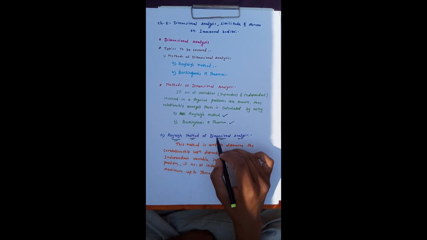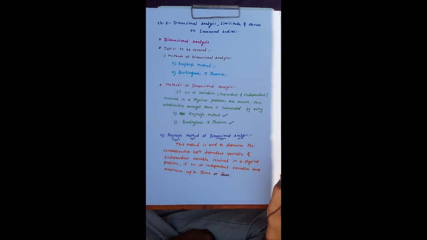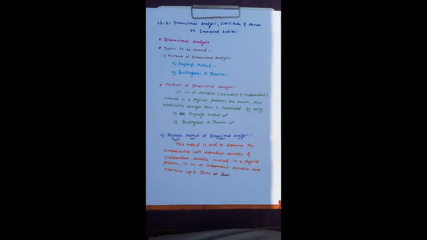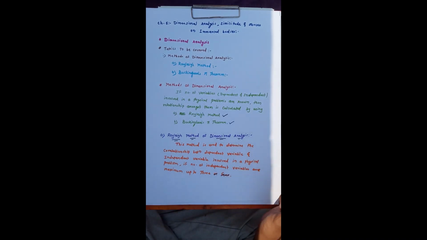So instead of Rayleigh's method, we have to use the Buckingham pi theorem. Now we'll start with Rayleigh's method of dimensional analysis.